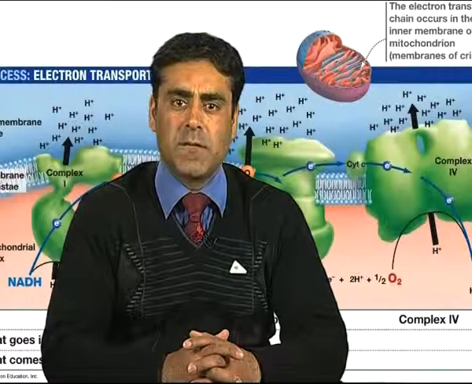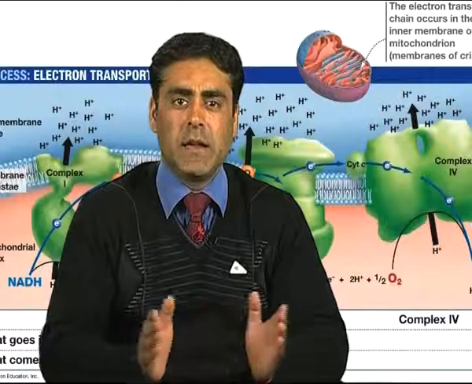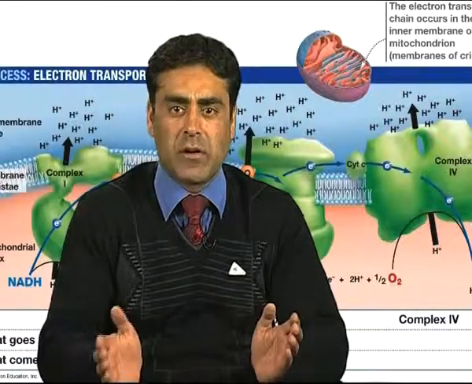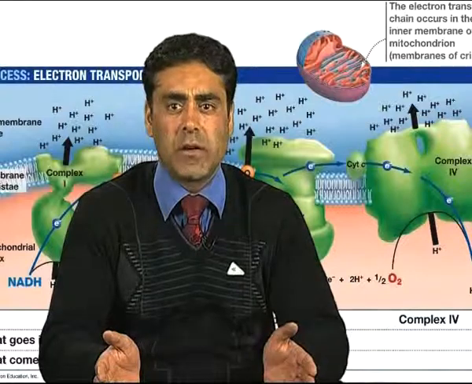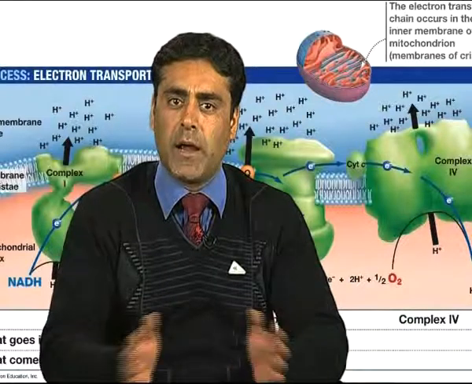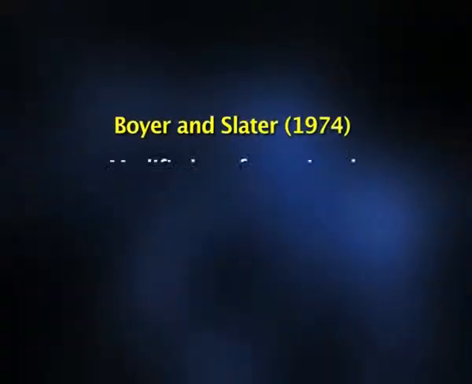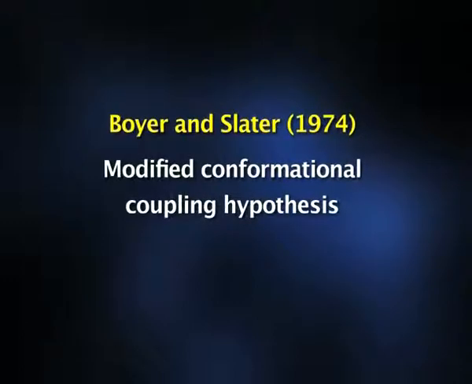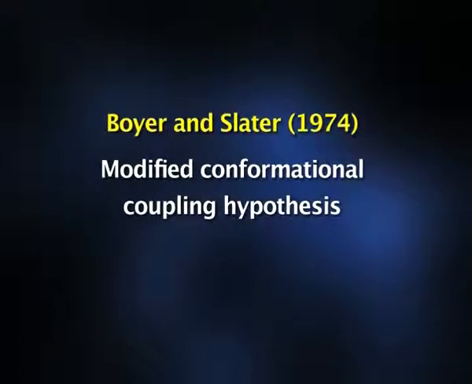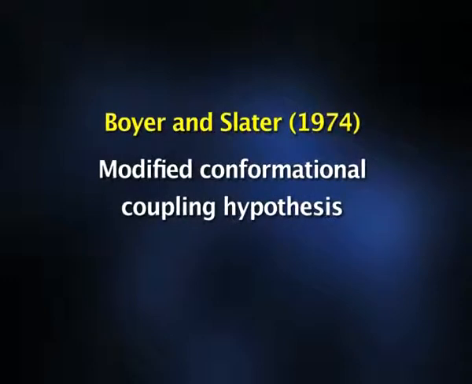Boyer in 1965 proposed that there is a direct communication between electron transfer catalysts and ATP synthesizing components through polypeptide-polypeptide interaction. Boyer and Slater in 1974 proposed a modified conformational coupling hypothesis, which postulates that electron transfer induces conformational changes leading to translocation of protons.